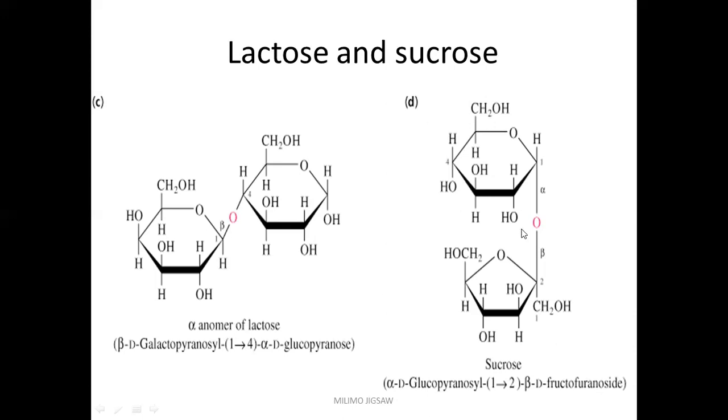Then this is sucrose, the one we talked about: alpha D glucopyranosyl 1 to 2 beta fructopyranoside. These are simply the structures of lactose and sucrose.